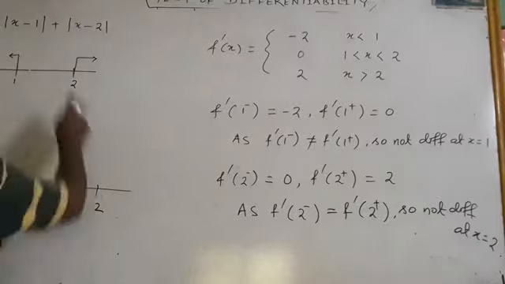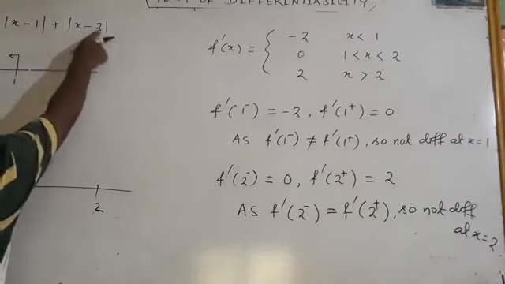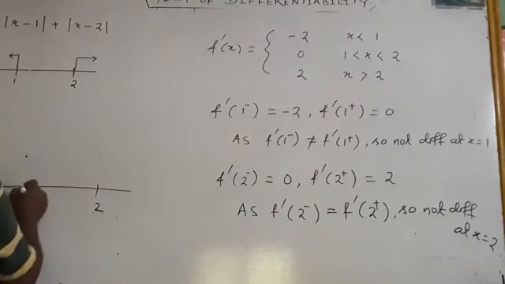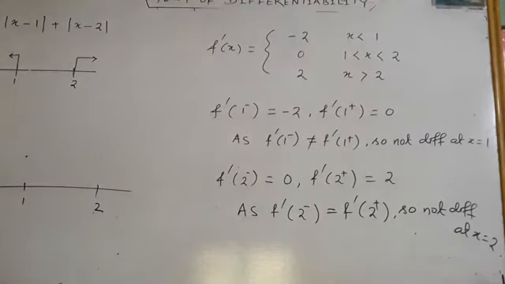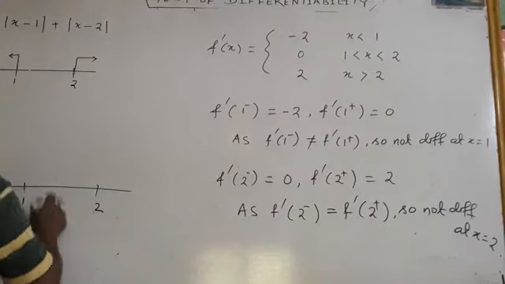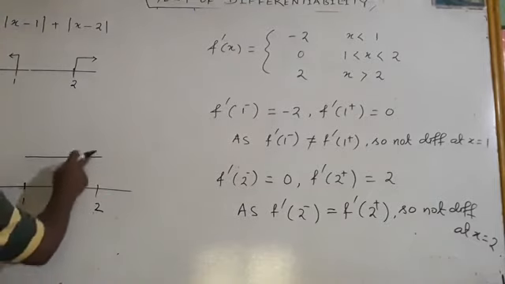When you put 2, it becomes 2 minus 1, 1, and 2 minus 2 is 0. So the value is 1 at both. The graph is like this. In each place, the height is 1.